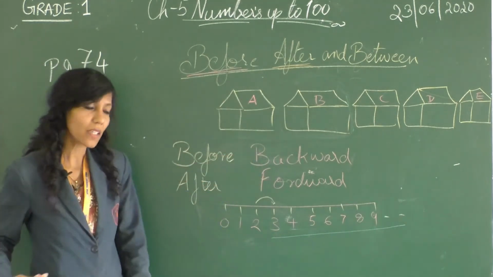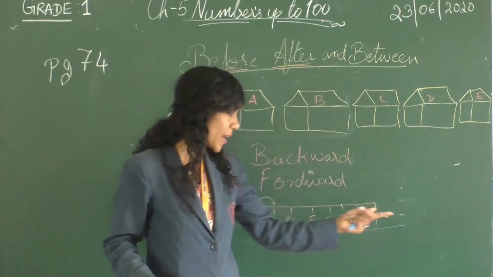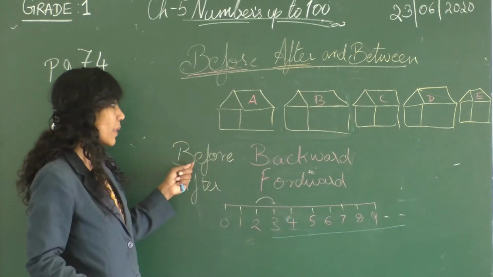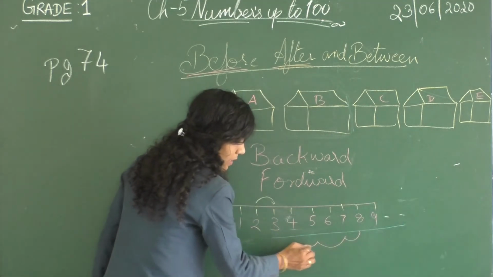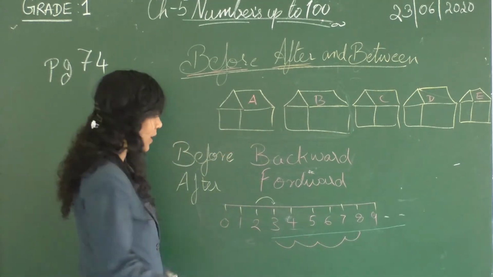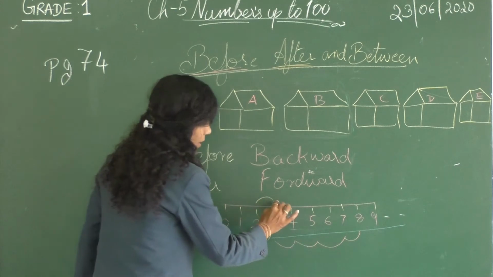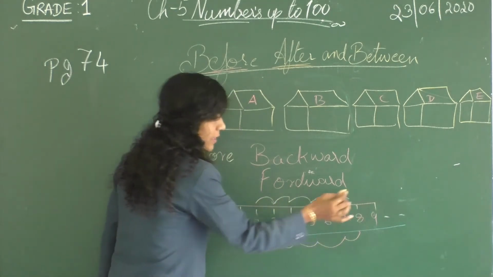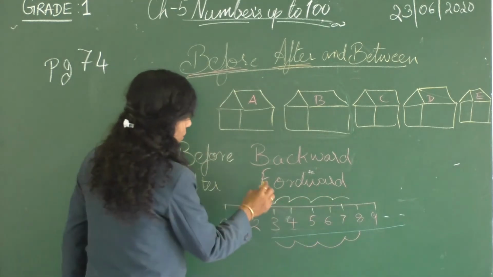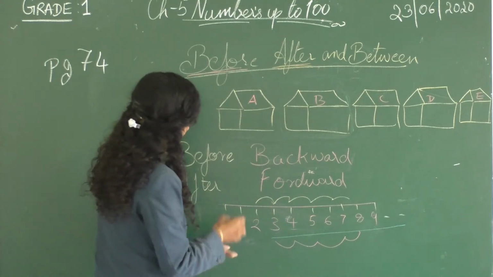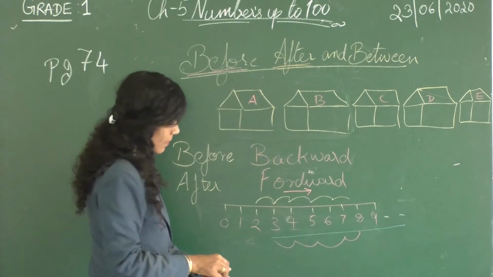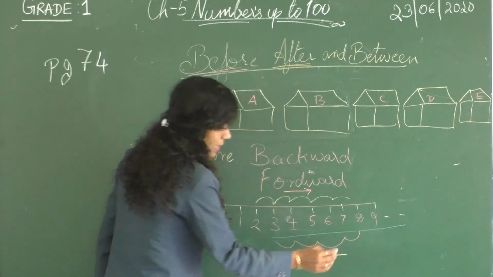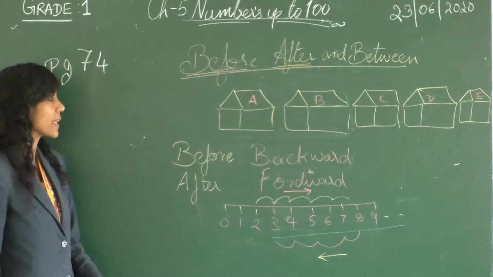Before we come back, after we go front in the number line. After is moving front, before is coming reverse, coming back.